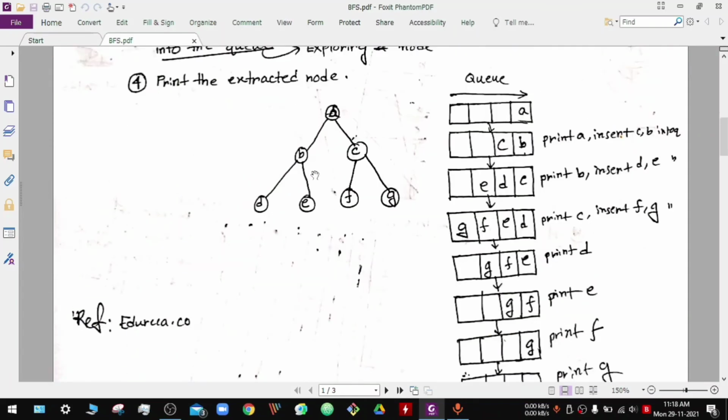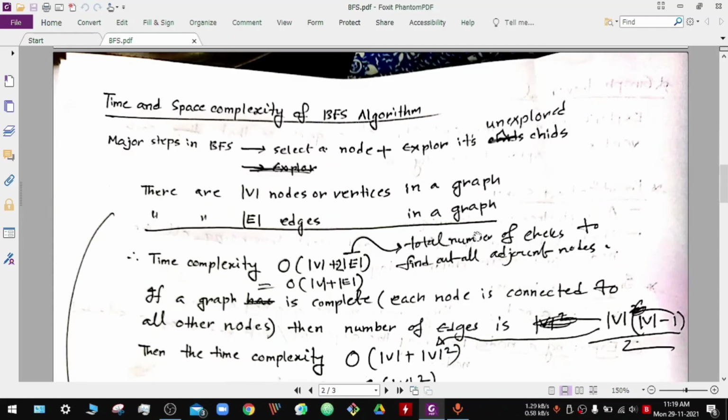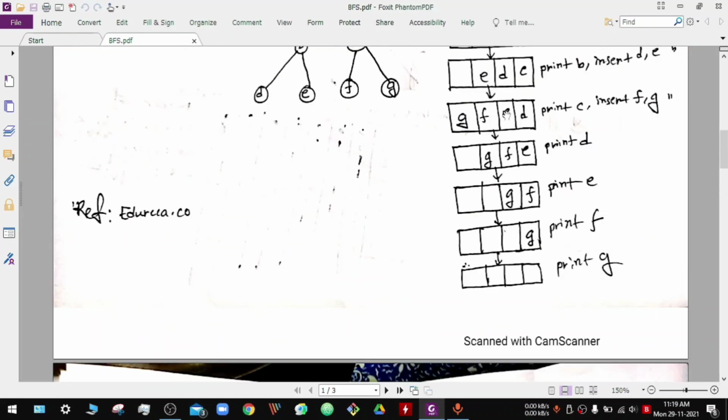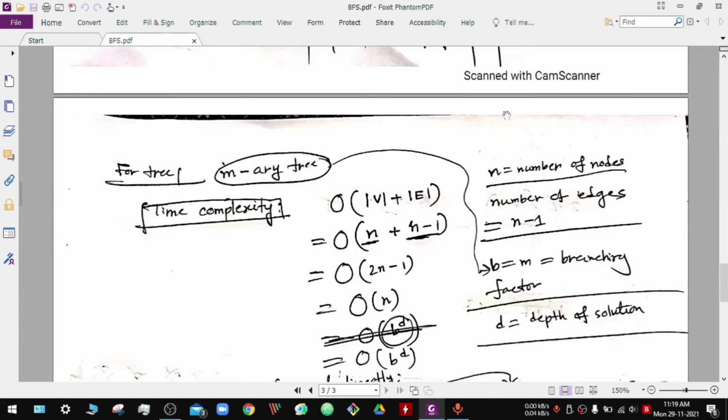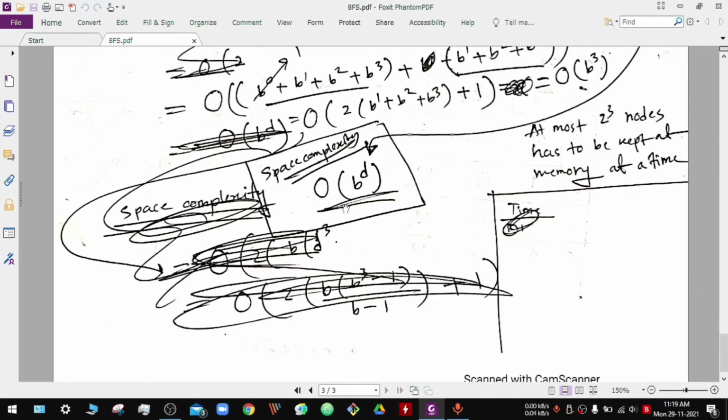So in this tree, look here, when running the algorithm I had to store these nodes G, F, E, D. There came a situation in which I had to hold these 4 nodes in memory. So we can write this number, for a tree, as b to the power d. So the space complexity of the BFS algorithm is b to the power d.